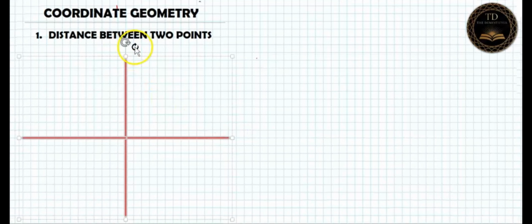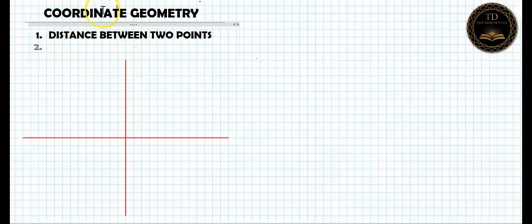So let's say we have our y-axis and x-axis, and then I'll pick 2 points. Let's say we have this point here, and another point here.